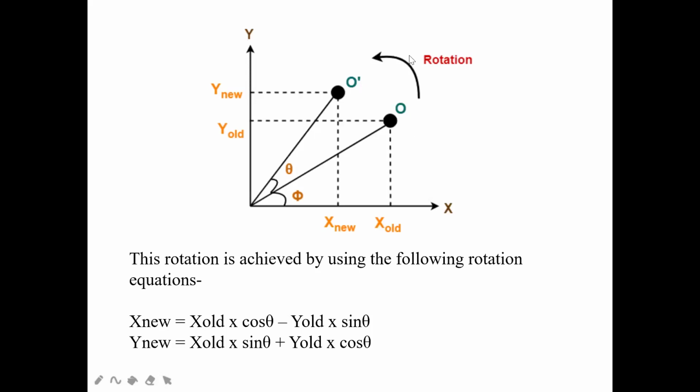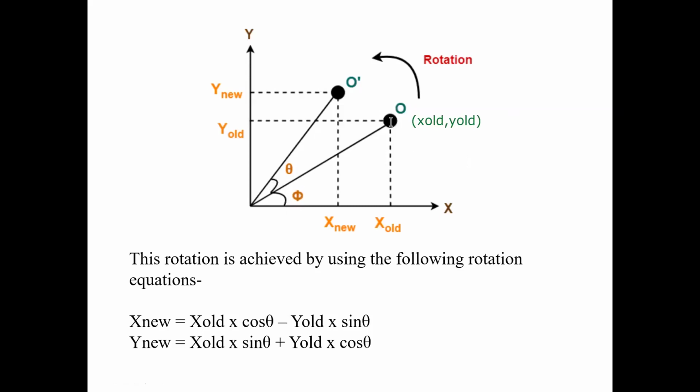So the coordinate values of this object will be x old comma y old. And the original or initial angle is phi. You can see here the initial angle is phi.